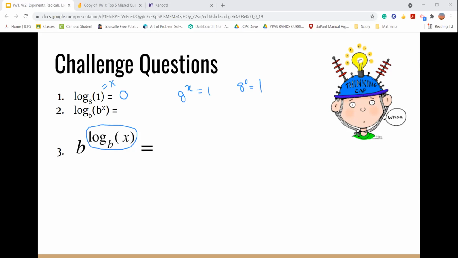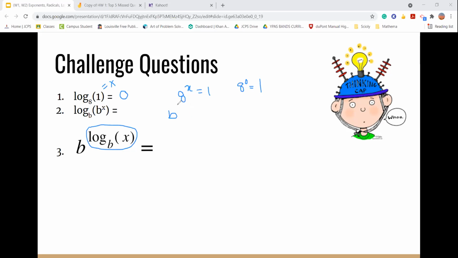Okay, that's good. So for the second question, it's log base b of b to the x power, and we want to find what that equals. So we can probably say this out loud. This is asking for b raised to the what power. So b raised to the what power equals b raised to the x power.